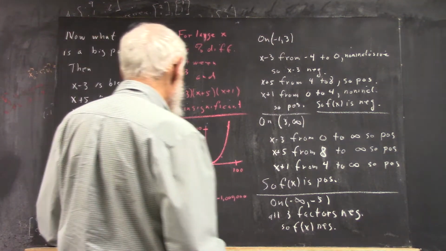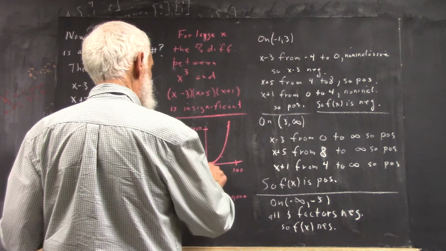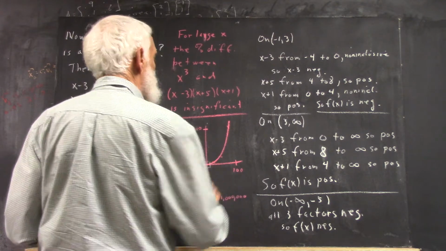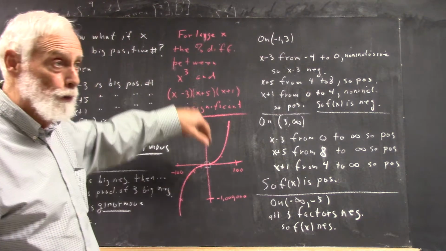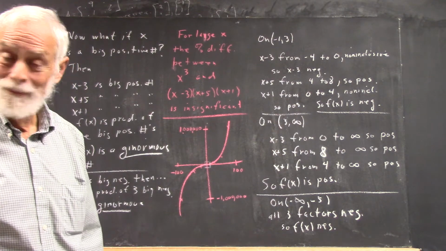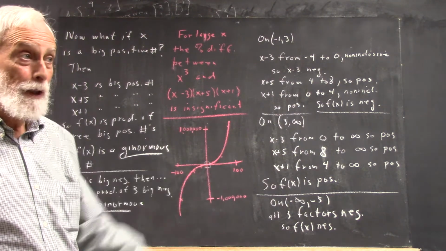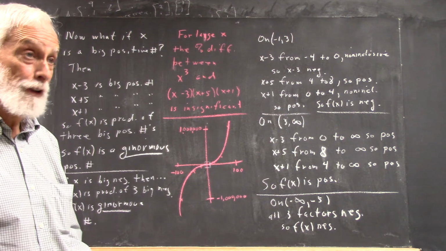So you would have things going on within this interval, but on a scale from negative 1,000,000 to 1,000,000, those little wiggles aren't going to amount to anything that you can see.